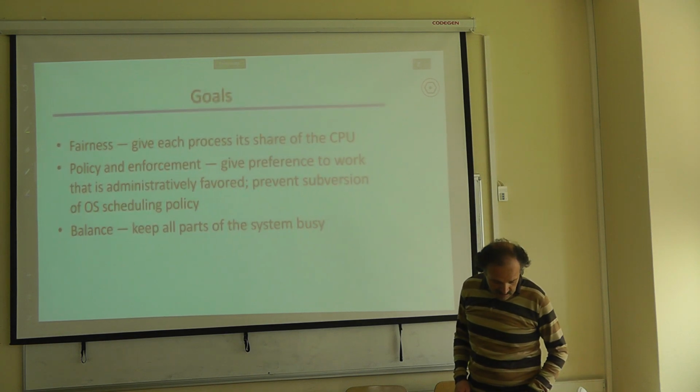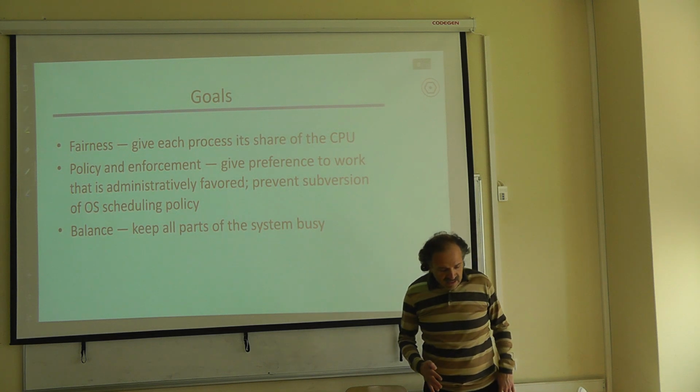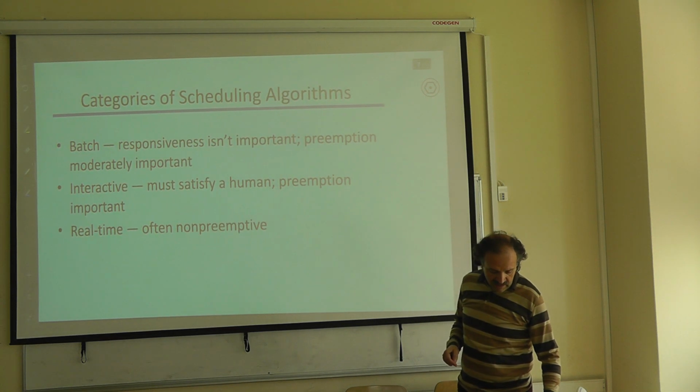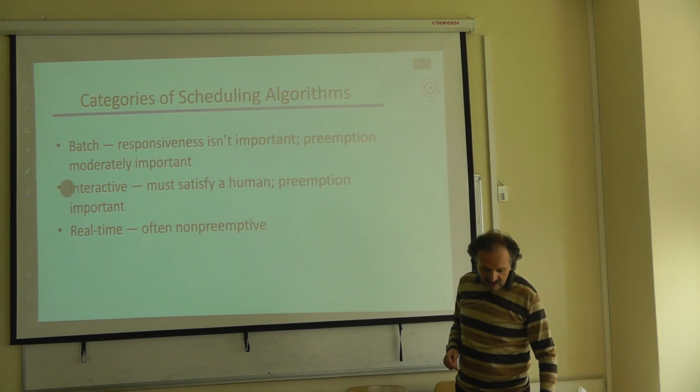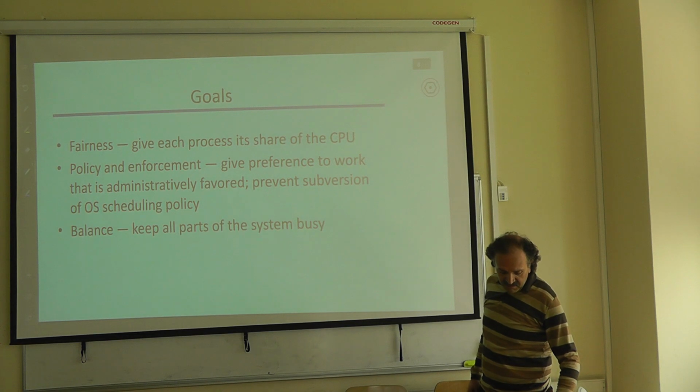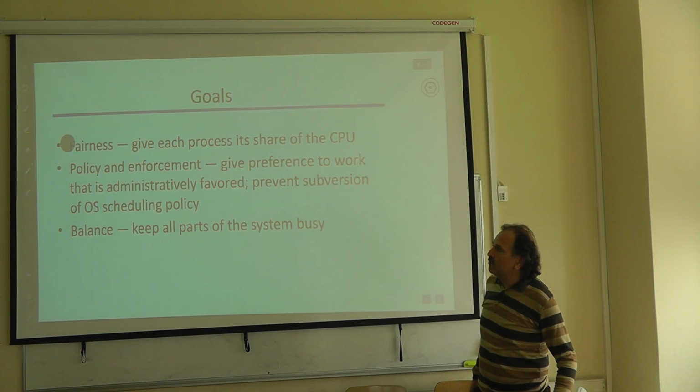Okay, so let's continue. We said that there are a few criteria for all the systems, whether they are batch systems, interactive systems, or real-time systems. The schedule must be fair: give each process its share of the CPU. Policy and enforcement depend on the environment.